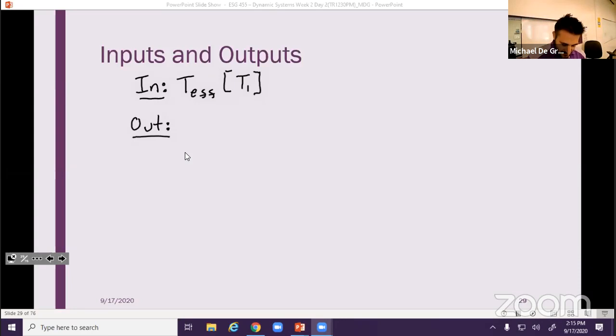And if T effective is driving everything, then theta 2 and theta 3 are going to be my outputs.